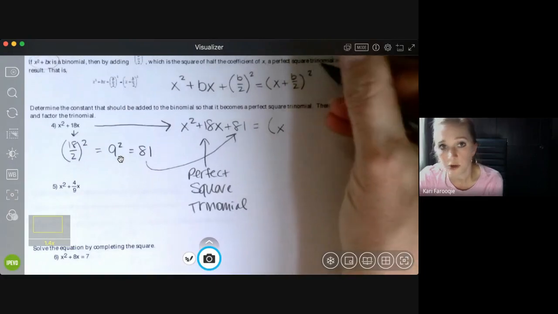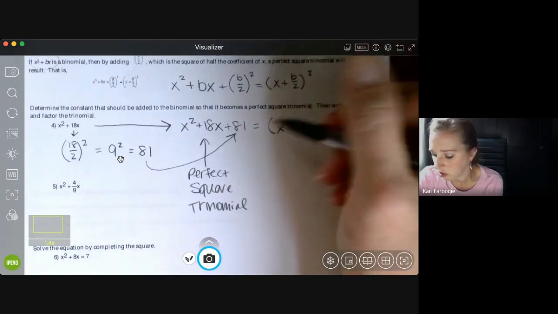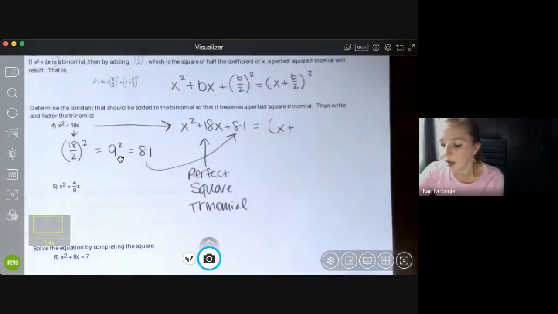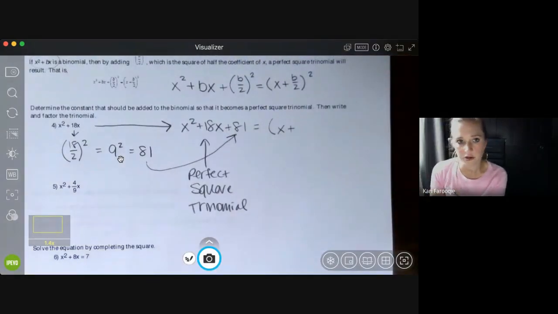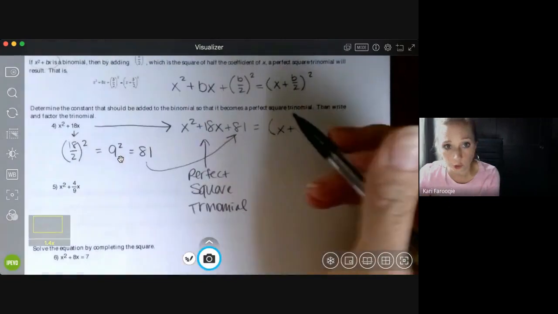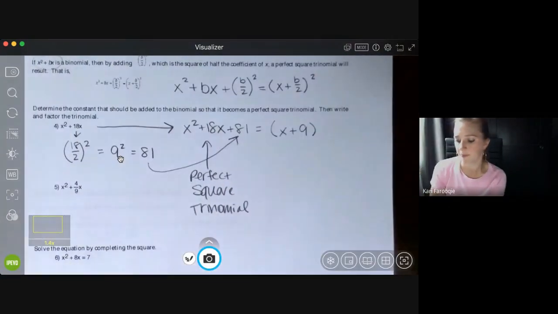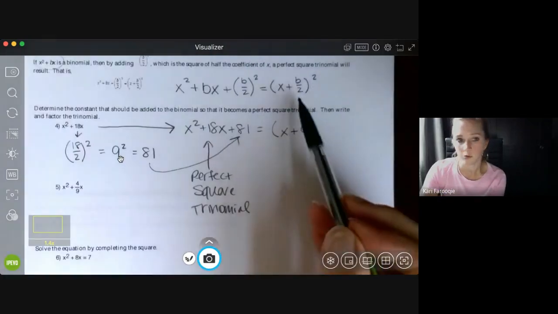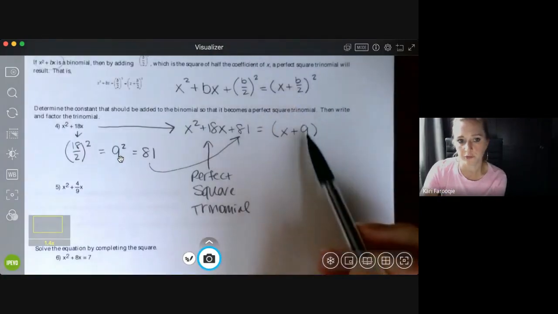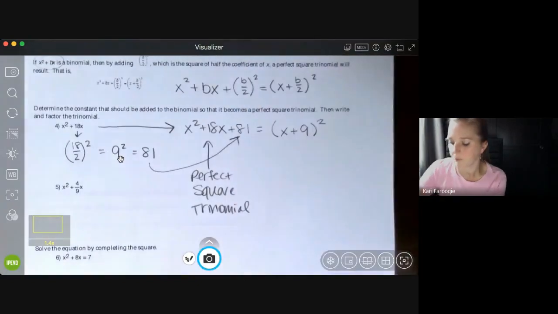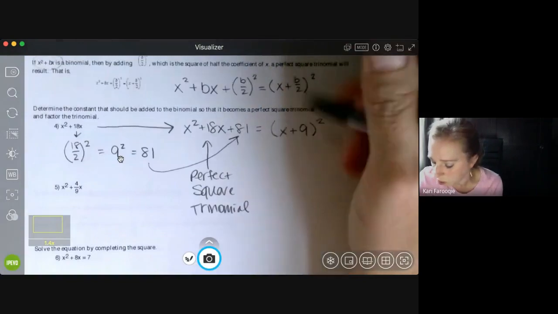We're going to square the whole quantity, so you're not really changing it at this point. We're just rewriting it. Then we're going to add on half of the middle term before we squared it. So that was 9. So that's where this part comes in. b over 2, in our case, was 9. And then we square the quantity. And that's how you factor a perfect square trinomial.